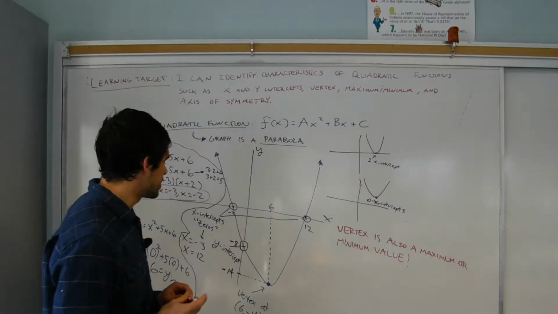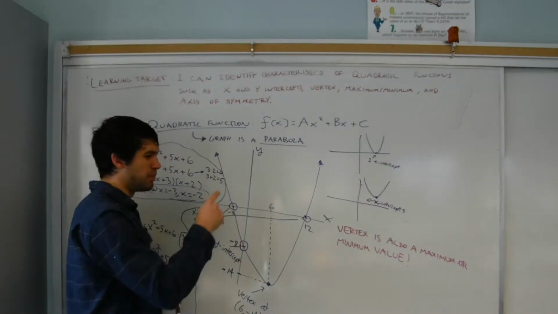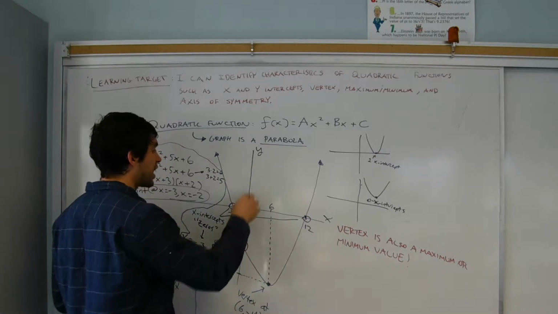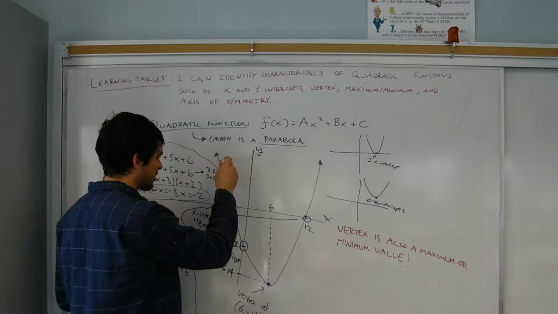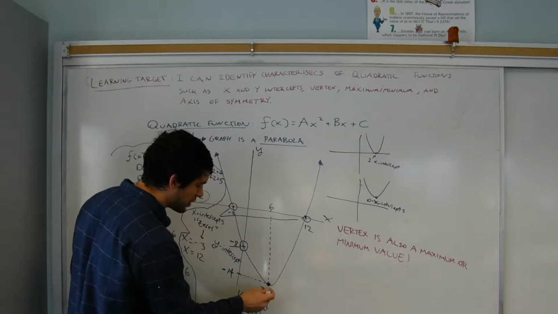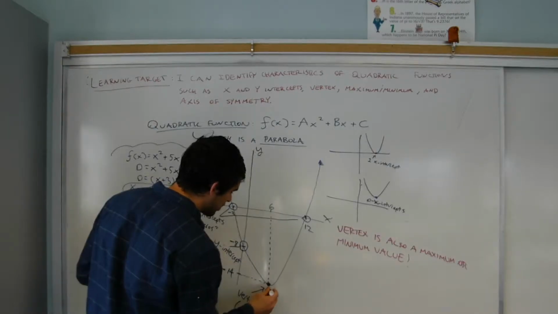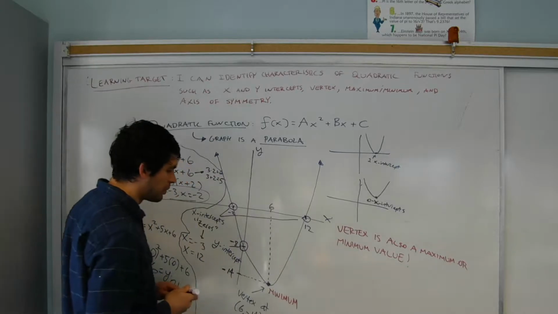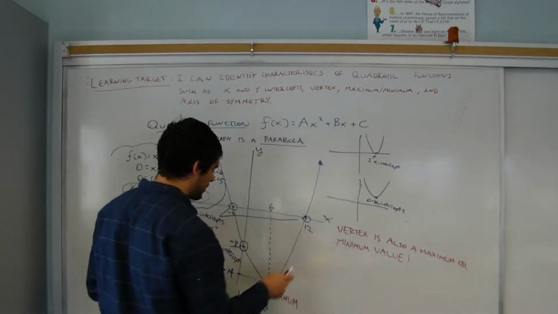So you can see in this case, our vertex is our minimum value, because maximum and minimum refers to the y-axis. And here you see our graph goes down, and it reaches its lowest point, or minimum value, at this vertex, and then it starts going up again.